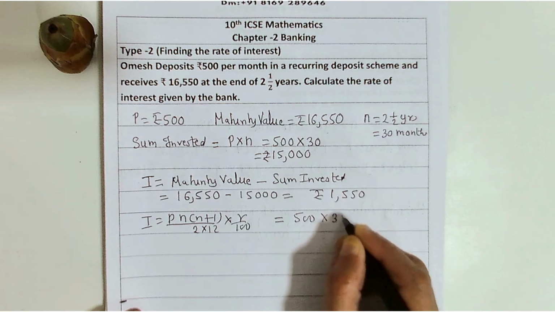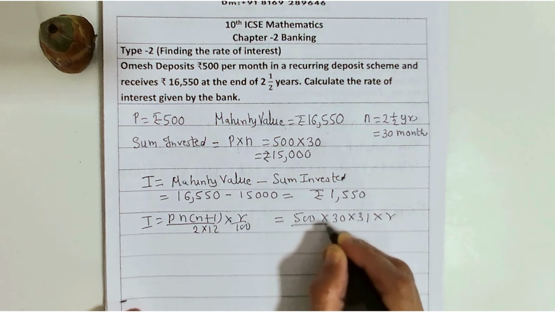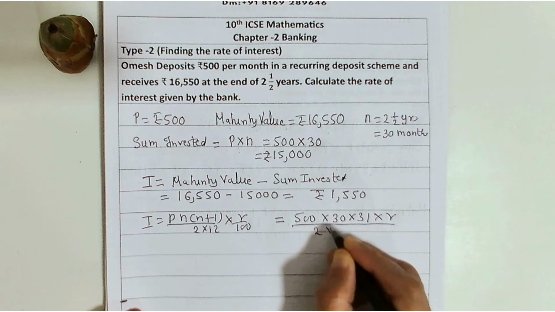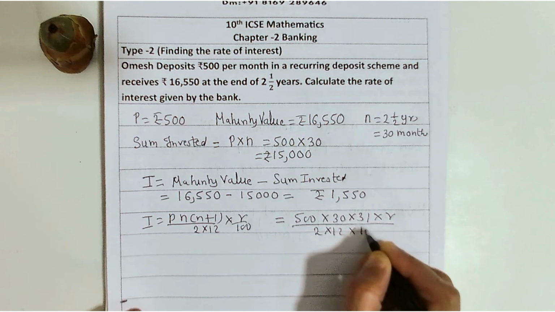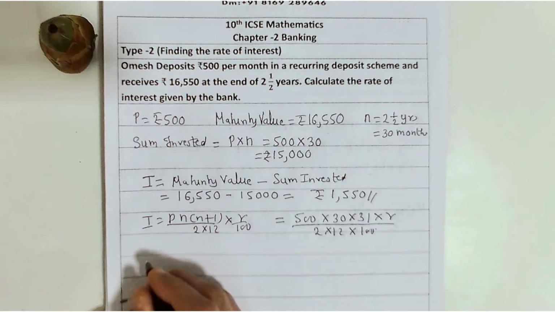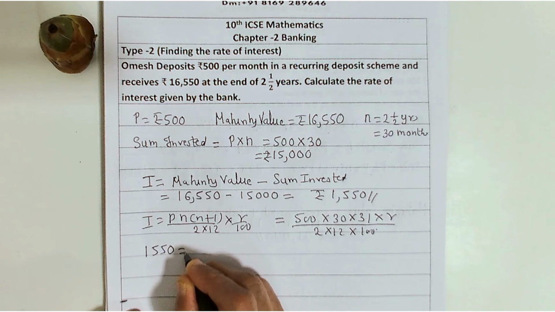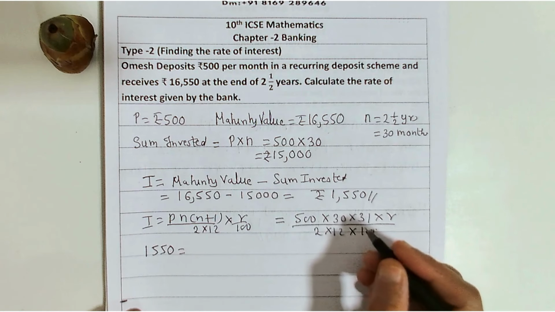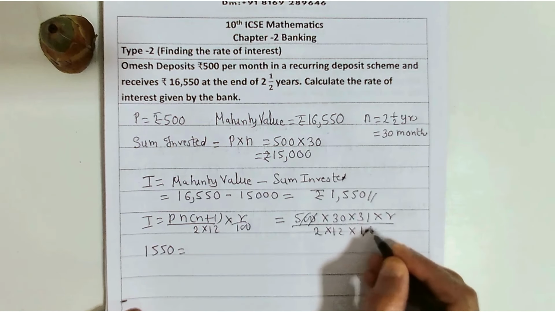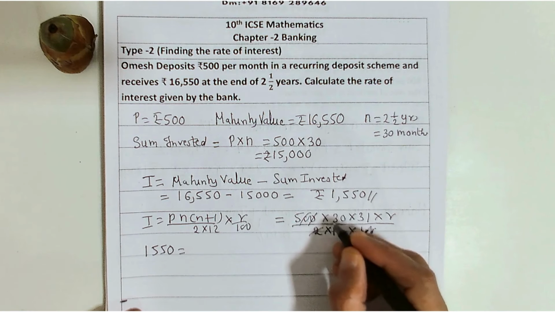Time is 30 into 31 into rate, which we don't know and have to calculate, upon 2 into 12 into 100. Let us calculate by substituting the interest value which we have calculated. So 1,550 is equal to, let us first calculate this part. You should be smart enough to calculate this.